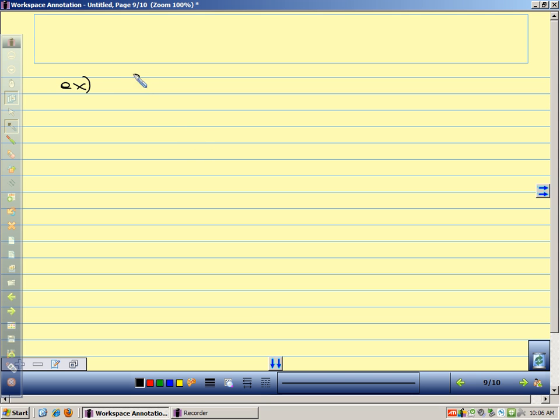So let's say, and you'll see a few of these in your homework, we want to find the domain of the natural log of x plus 3. Now remember we said that the domain of the logarithmic function was that whatever we plugged in has to be greater than 0. So whatever's inside our function has to be greater than 0.